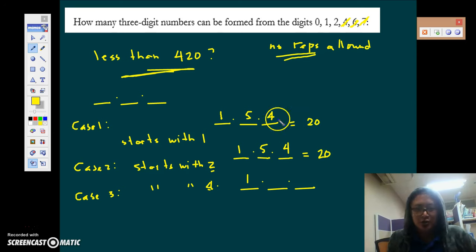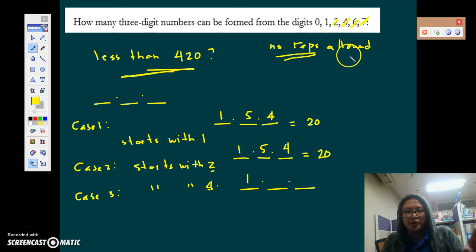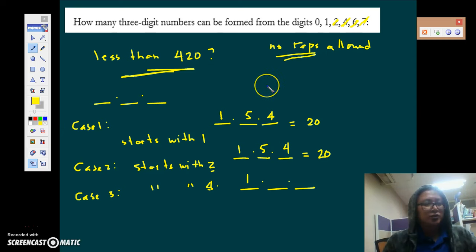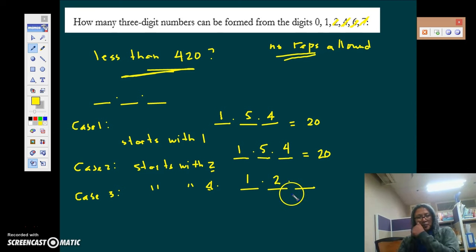You understand me. So you are left with only 3 choices: 0, 1, and 2. Oh, we cannot pick 2, because if you have a number like 421, it's greater than 420. Even 420 itself is not less than 420. So we only have 2 choices for our tens digit.